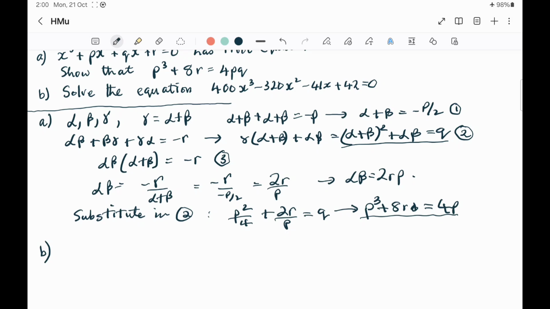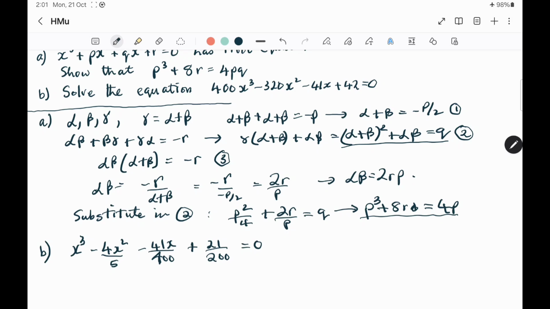I'll rewrite it first as x cubed minus 4x squared upon 5 minus 41x over 400 plus 21 over 200 equals 0.